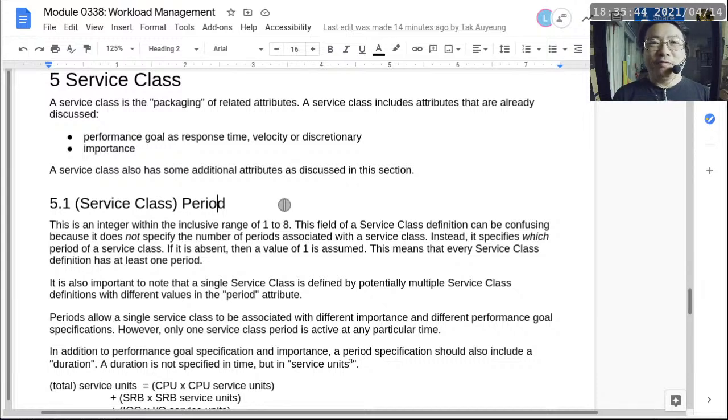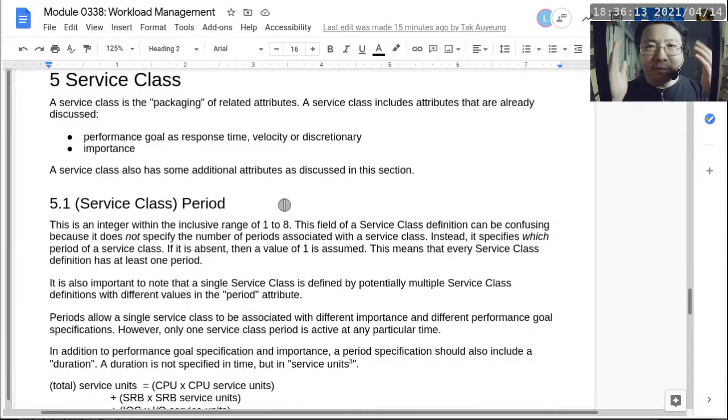A service class period is basically a component of a service class, and you can specify up to 8 service class periods per service class. So you can think of a service class as a folder, and inside the folder you can have up to 8 service class periods.